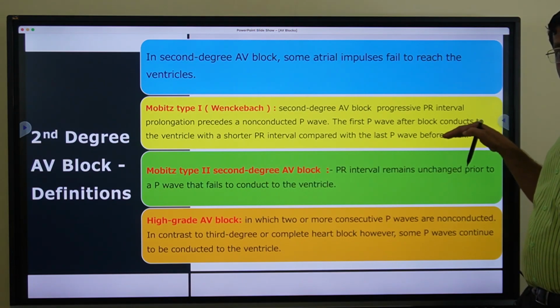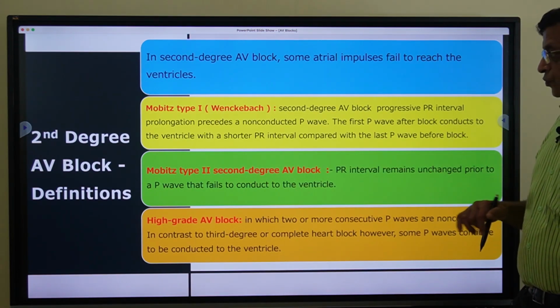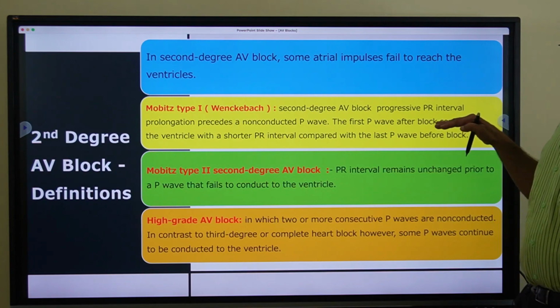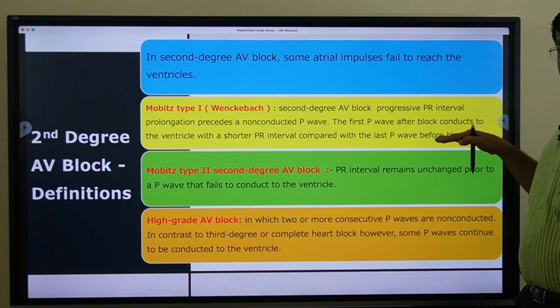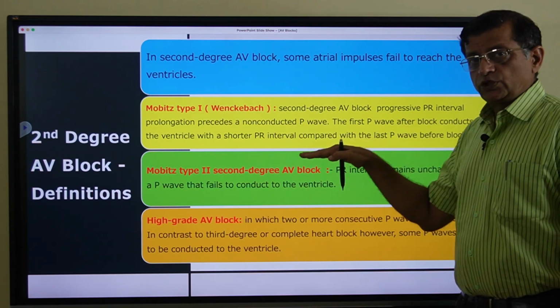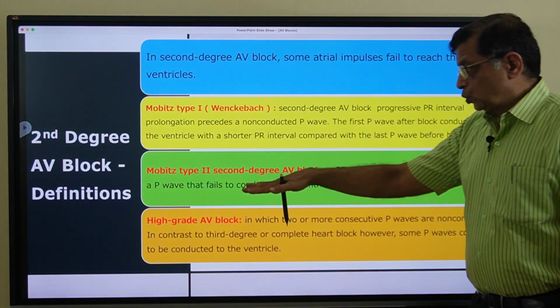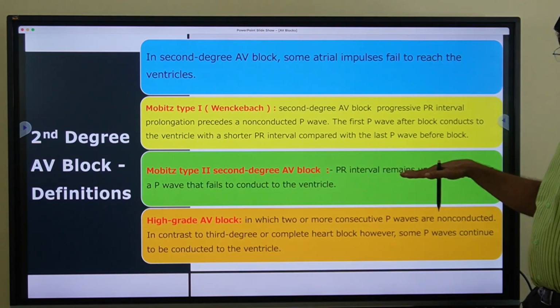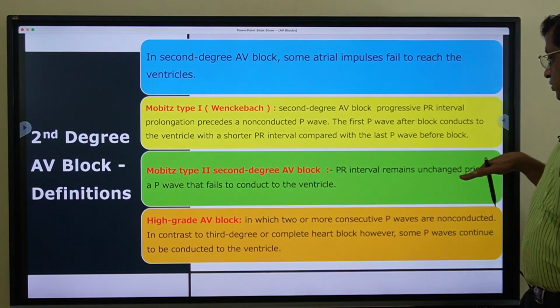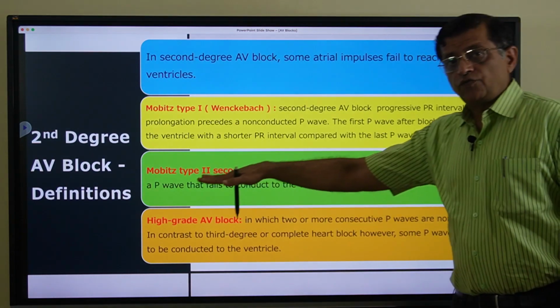So there is no QRS that follows the P wave. That is a non-conducted P wave, but before that, for several beats, you have progressive prolongation of the PR interval.